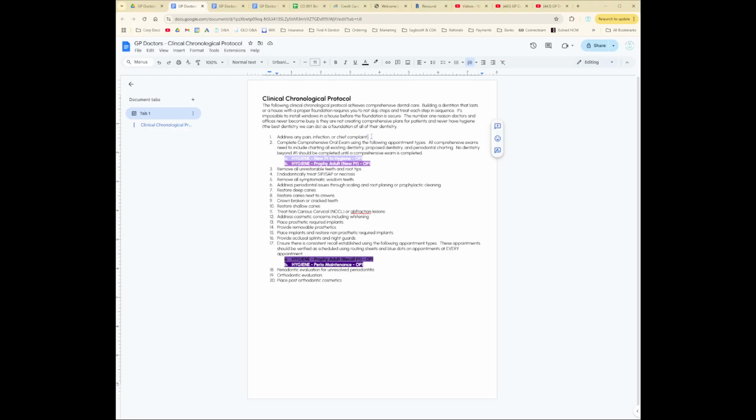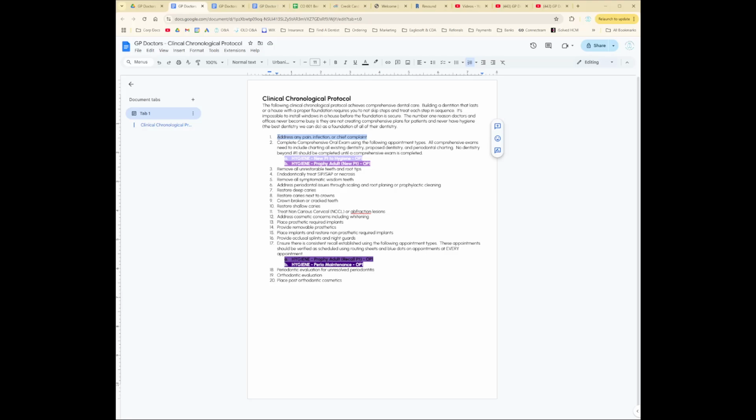Again, for a patient that comes in for an emergency, it is absolutely fine to address even an anterior chip on tooth number 9 before we take care of, let's say, an unresolved infection that is not their chief complaint. Now, if they come in with an abscess and that's their chief complaint, yes, let's go ahead and address it.